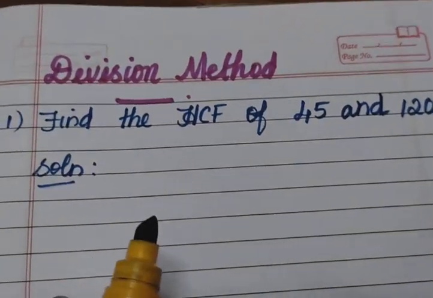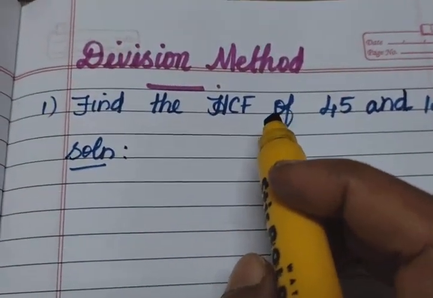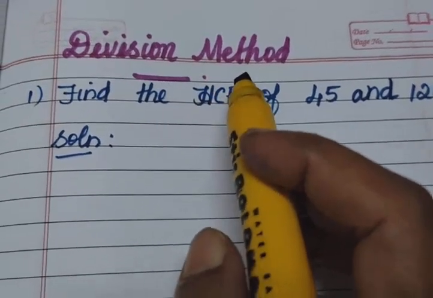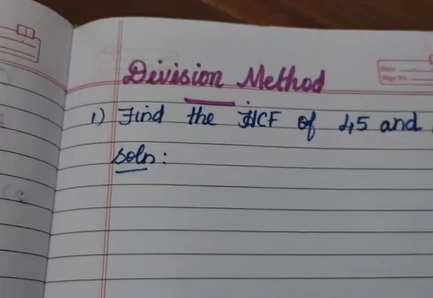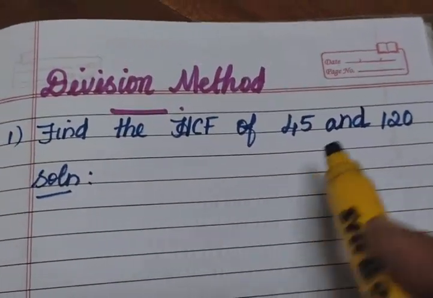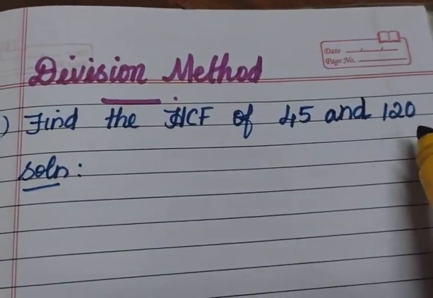Children, next is finding HCF using the division method. First one was the prime factorization method, now the division method. Here, first divide the larger number by the smaller number. 45, 120.